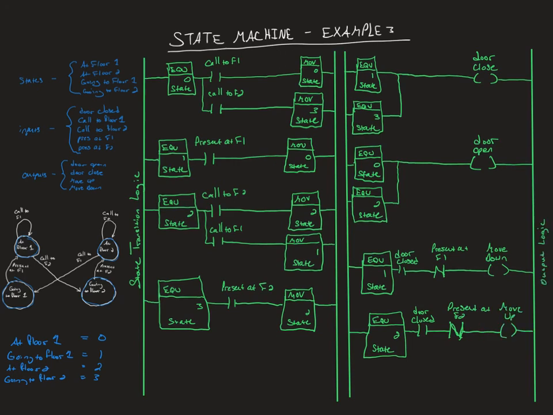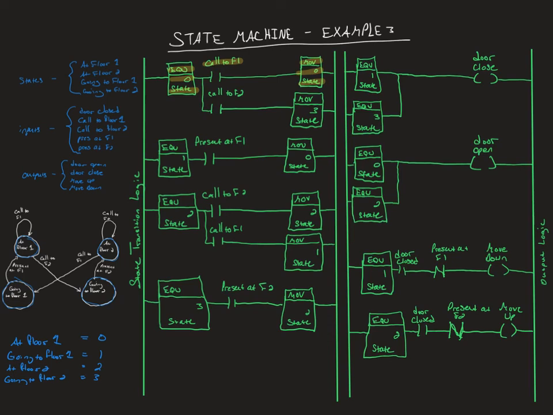Okay, so let's discuss the logic. First of all, at the top on the left, in our state transition logic, if we are currently in state 0, which means we are at floor 1, and we receive a call to floor 1, then we transition again back to state 0, and that's all that we have to do according to our state transition model.